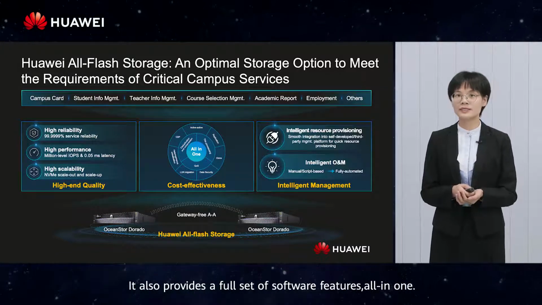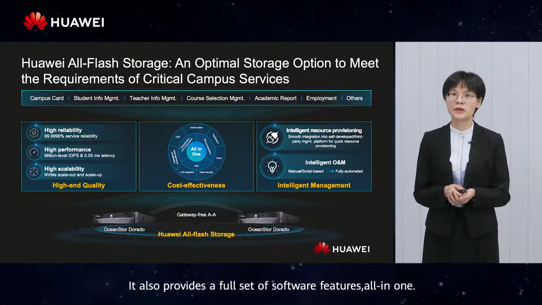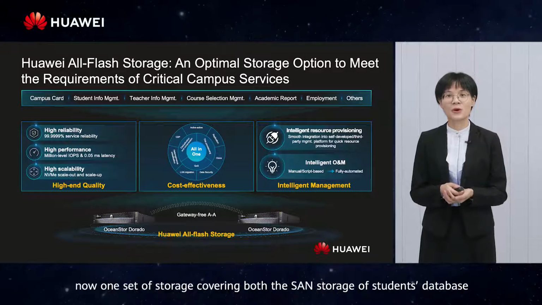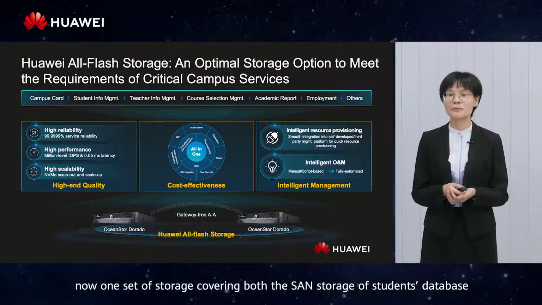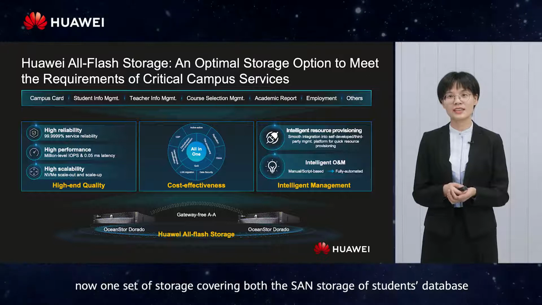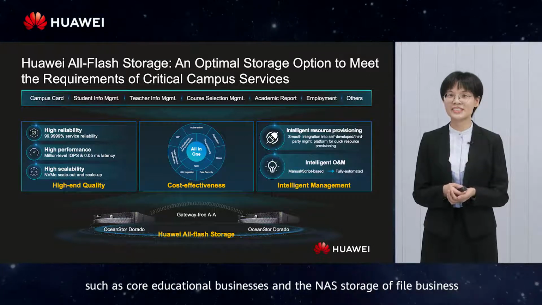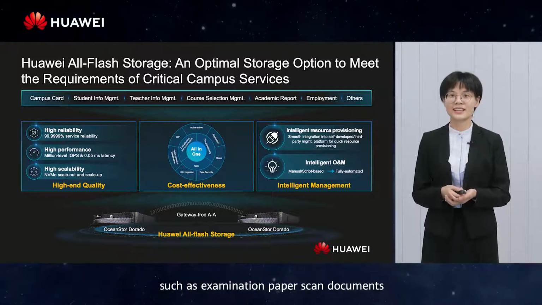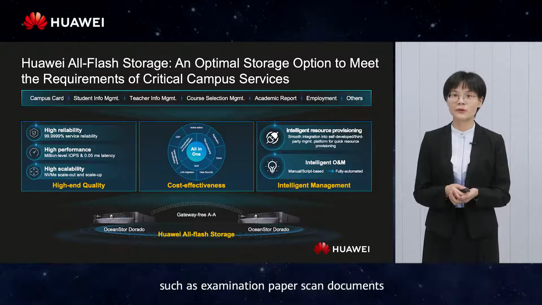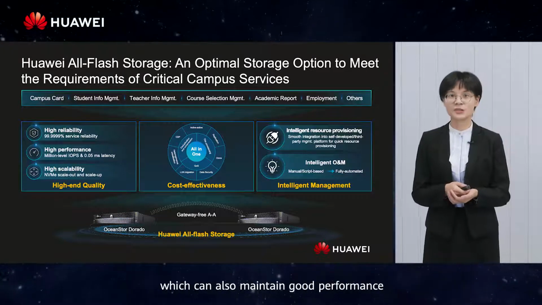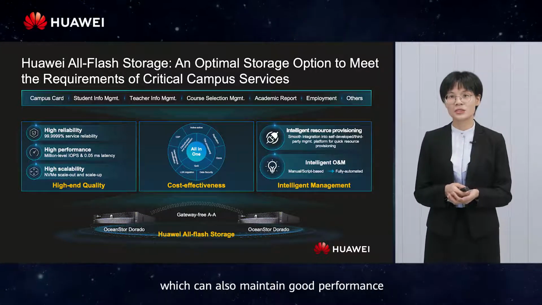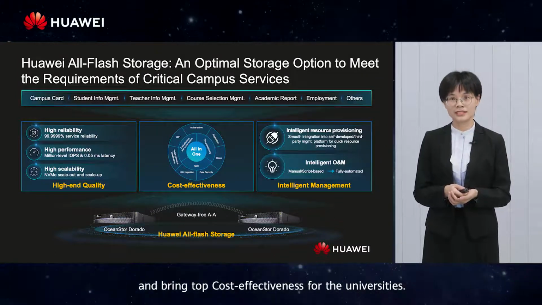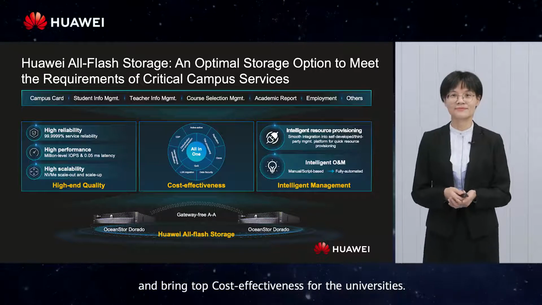It also provides a full set of software features all in one. Not only that, now one set of storage covers both the SAN storage of students' databases, such as core educational business, and the NAS storage of file business, such as examination papers and scanned documents, which can also maintain good performance and bring top cost effectiveness for the universities.